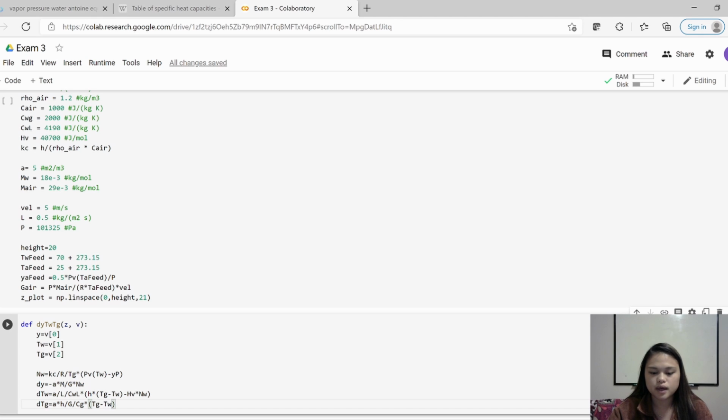And so now that we have the total gas flow rate from part B1, I derived how to get the gas flow rate of the air utilizing partial pressures, or mole fractions, molar concentrations.